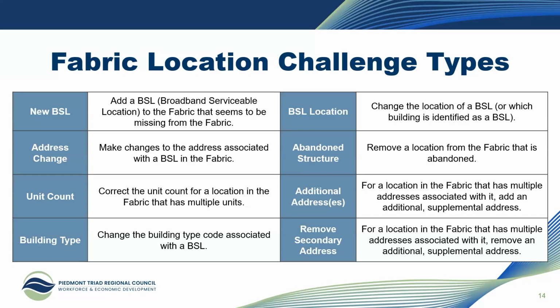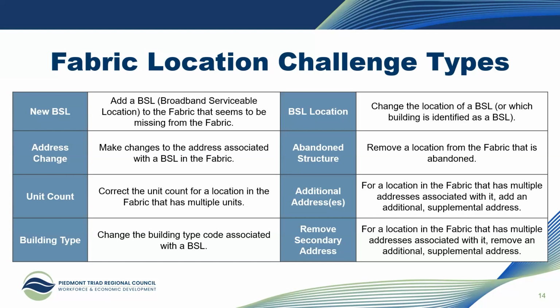If the dot, for example, as you'll see on the demo, doesn't show up and it's not there, and you have internet, that would be a new broadband serviceable location. That would be a challenge. Other challenges include address changes, unit counts, building types, residential or commercial, and the BSL location itself. For example, if the dot on your map is for your address, but it's on your neighbor's property, that will need to be a challenge to move it to your property.